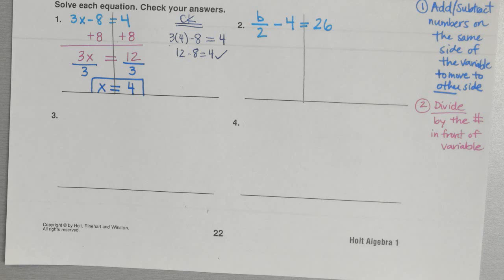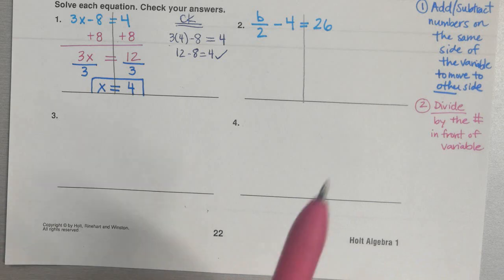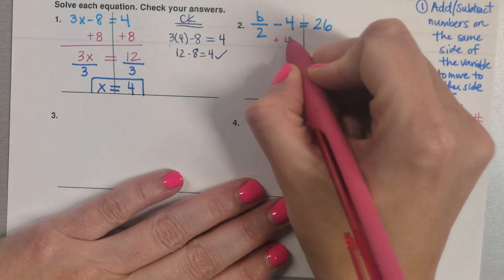Okay, so what do we do? Yeah, plus 4 on both sides. Good. So are we feeling pretty good about the first step?